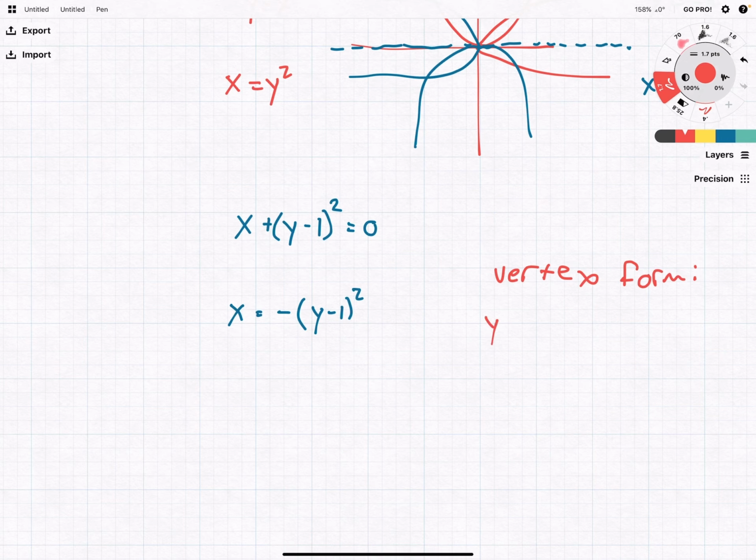y equals (x minus h) squared plus k, where h is our x coordinate for the vertex, and k is our y coordinate.